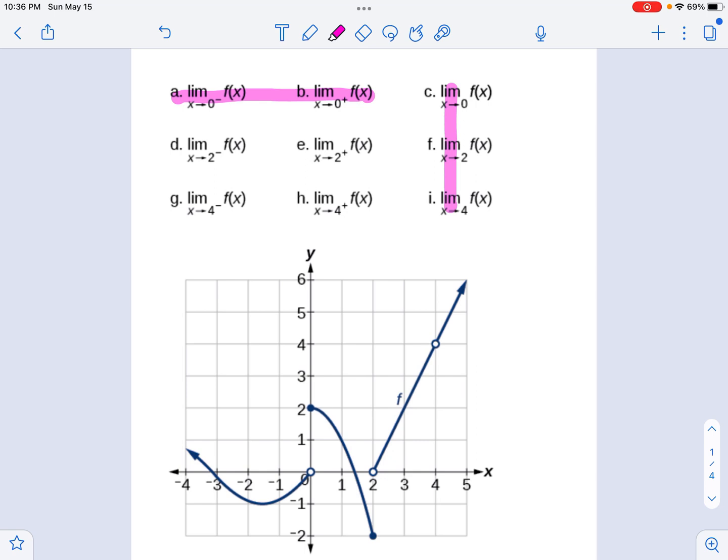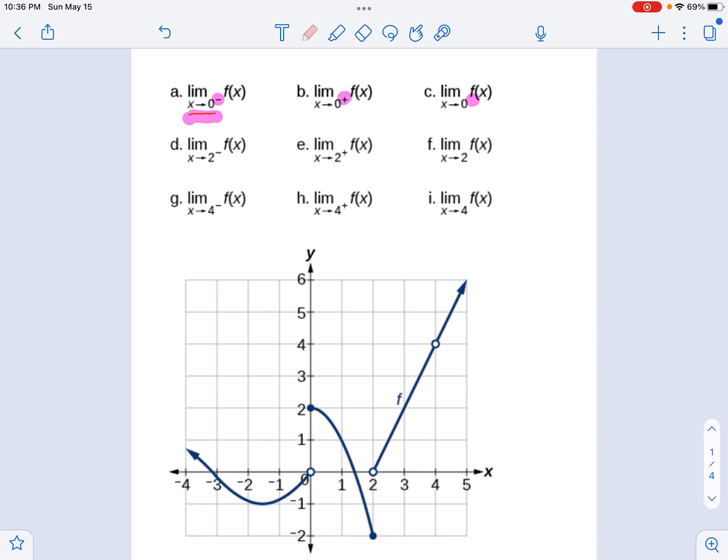So a couple of things that before we get going, I need you to be aware of. All right, when you see this part with the X and the arrow on the number, that means X approaches 0. You're also going to see after this a negative sign, a positive sign, and then no sign at all. When we talk about the negative, think about X approaching from the negative.